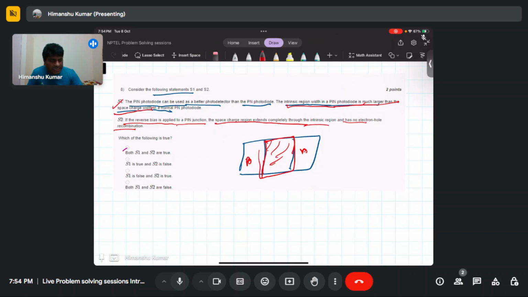So it's better compared to the PN region, where the width of the depletion region is directly proportional to the square root of your applied reverse bias voltage. To get a wider depletion region, you need to put more and more reverse bias voltage.